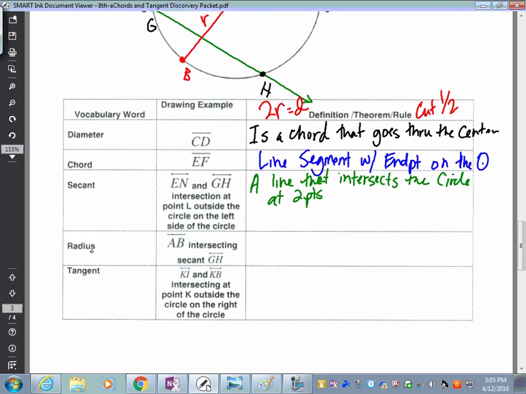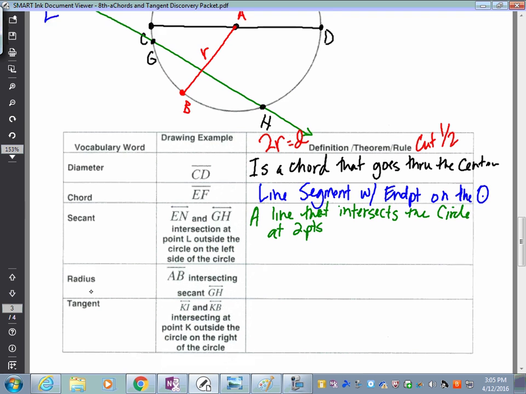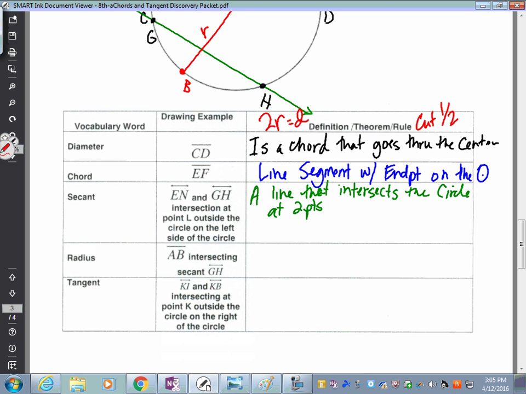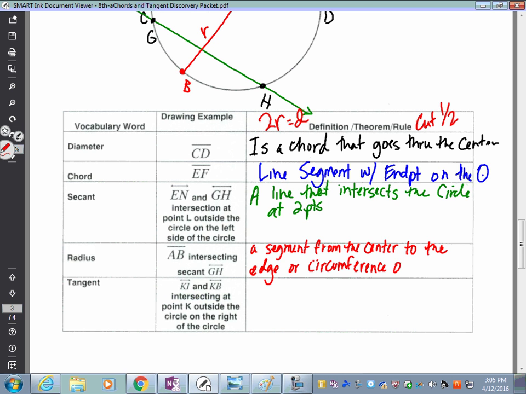Radius. Our radius went from, let's say, a segment from the center to the edge or circumference of the circle.